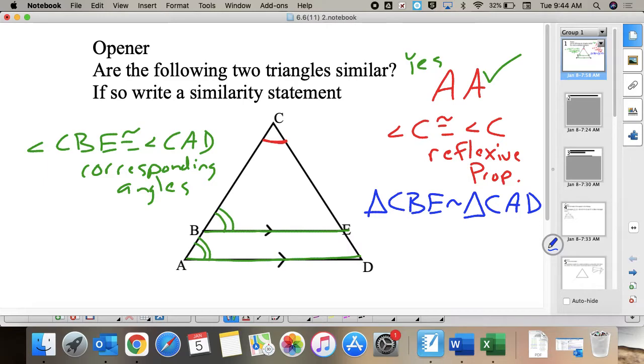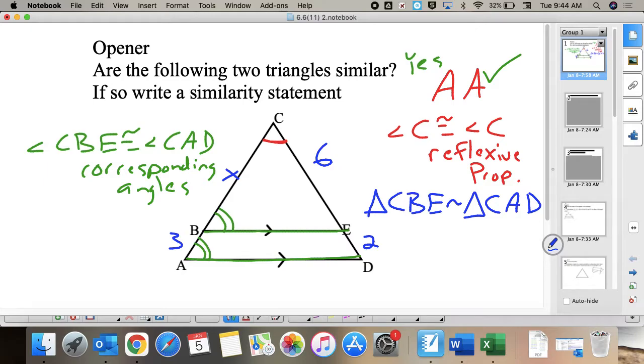Now, when you have these lines being parallel, there are other things that are going to happen. The first one we're going to talk about is how when these lines are parallel, it's going to break these sides up proportionally. Meaning, maybe if this is 2 and this is 6, if this is 3, to find x, those sides have to be proportional.